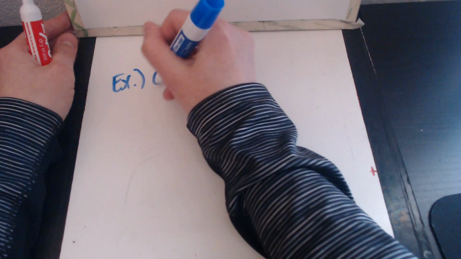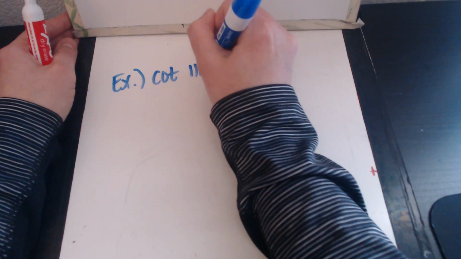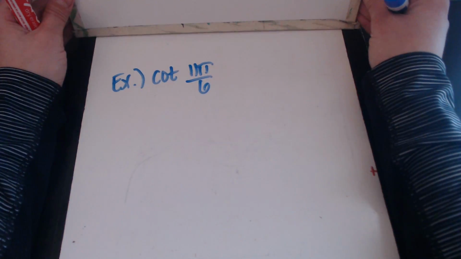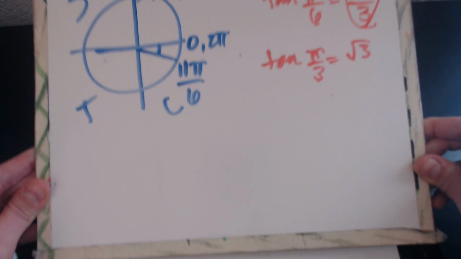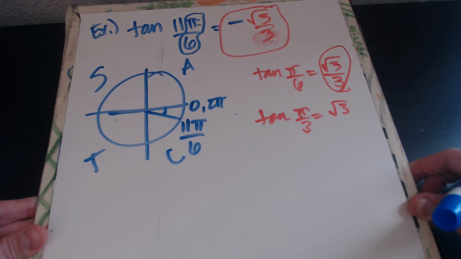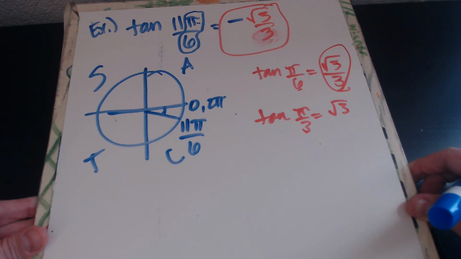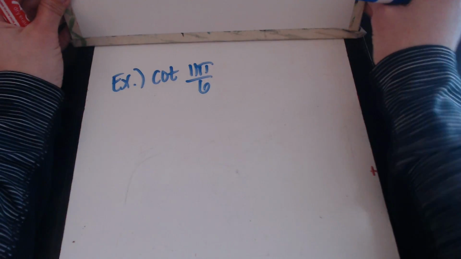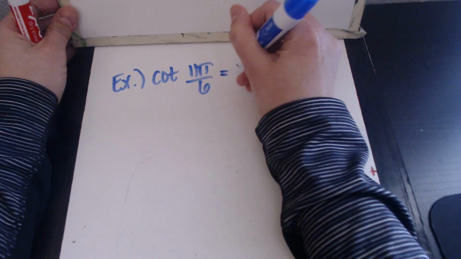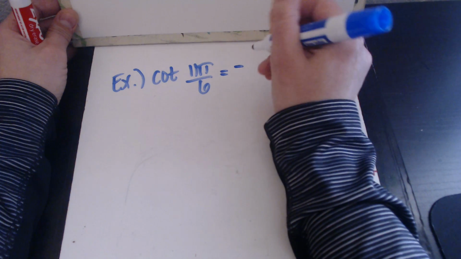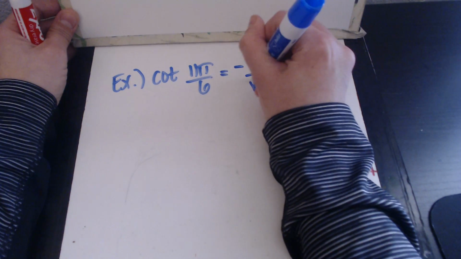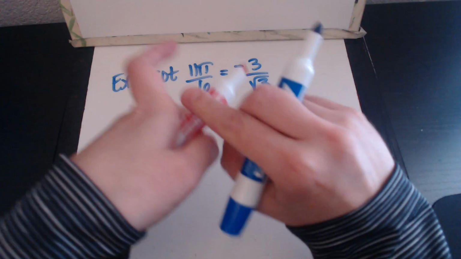Now, if I asked you, what is cotangent of 11 pi over 6? Instead of doing this whole process again, I can take the value I just found for tangent of 11 pi over 6 and just invert it. So cotangent of 11 pi over 6 is going to be -3 over √3. Of course, I can't leave my answer like that.